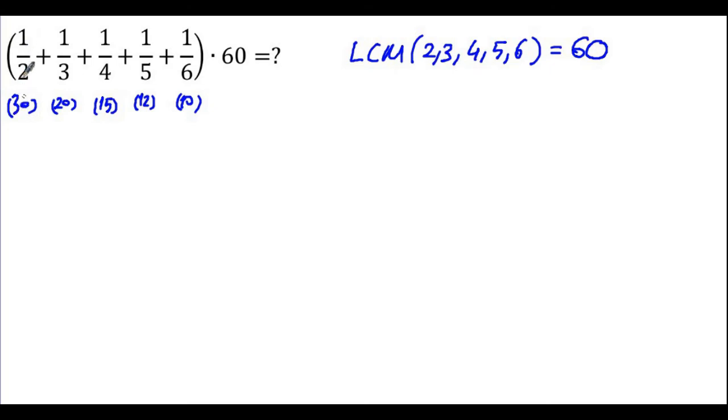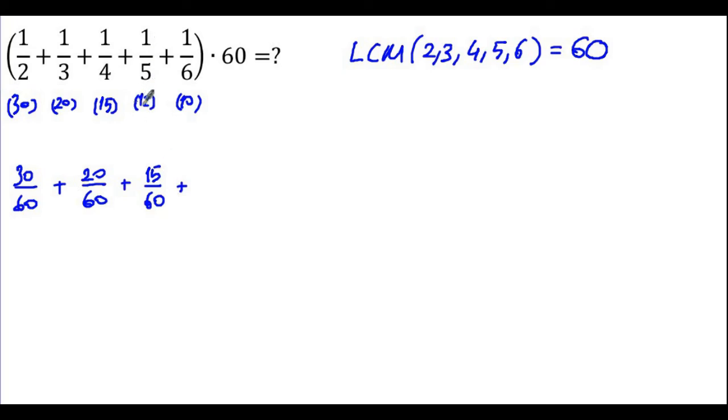So now we will get 30 over 60, because we multiplied these numbers by the numerators and the denominators. So we are extending our fraction. So we get 30 over 60 plus 20 times 1 is 20, 20 over 60. And then we get 15 times 1, 15 over 60.